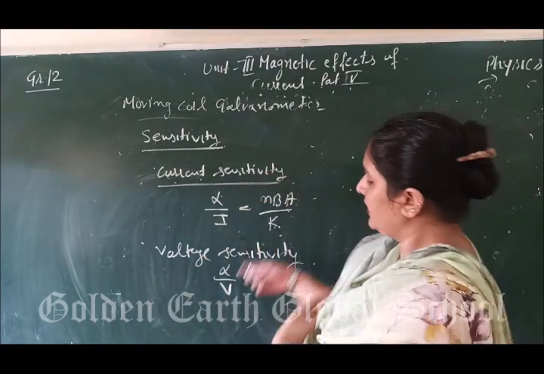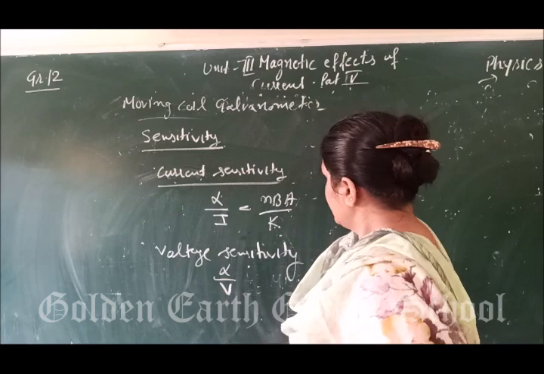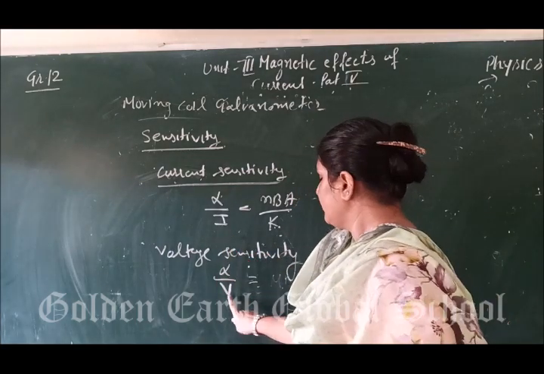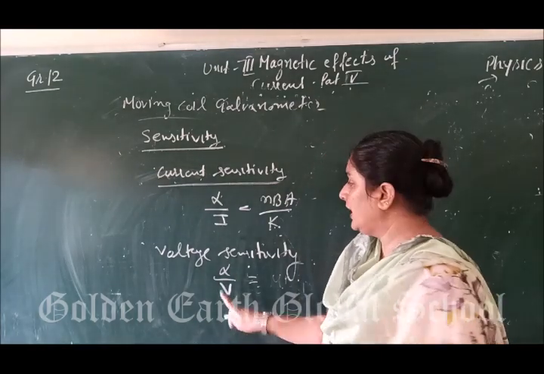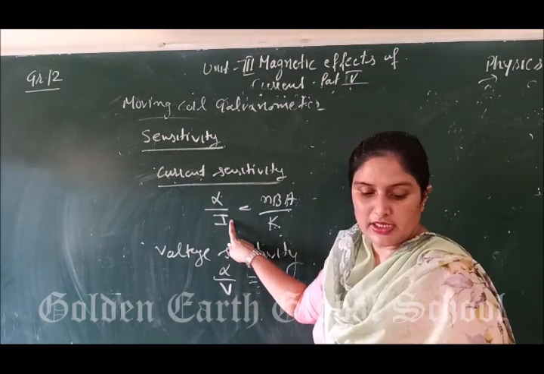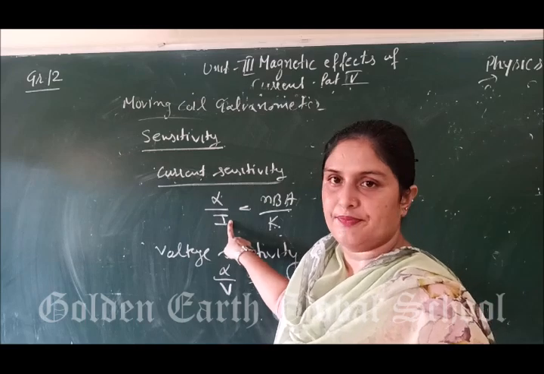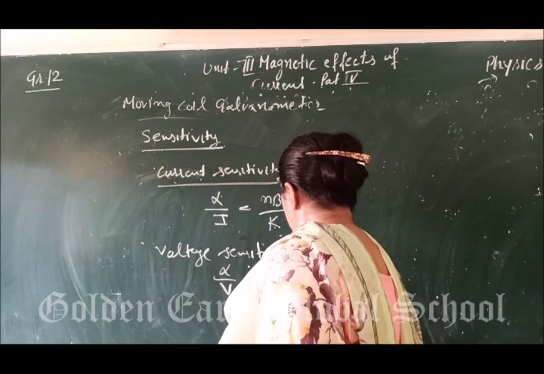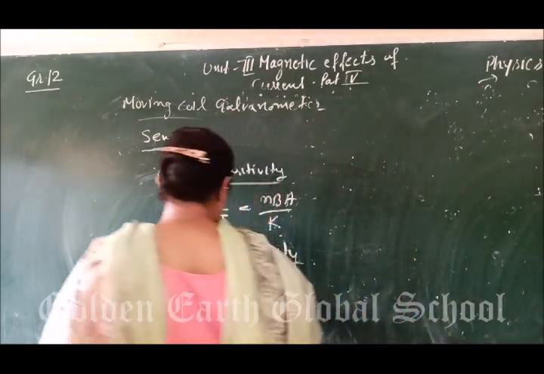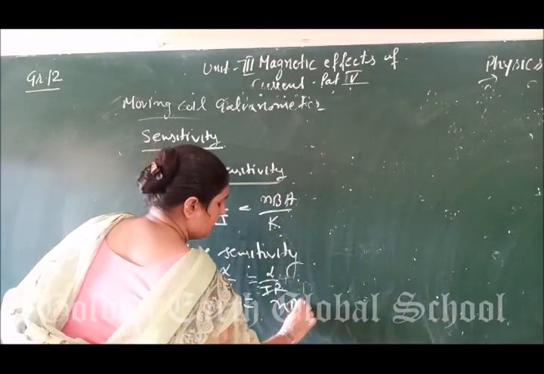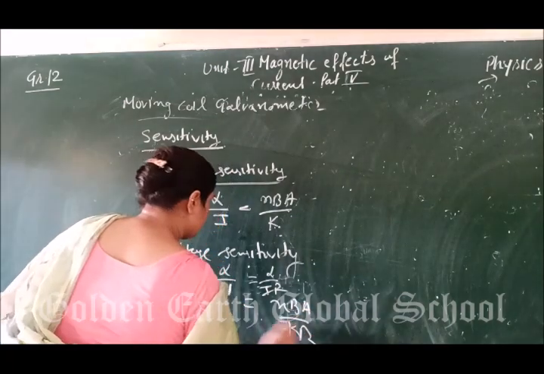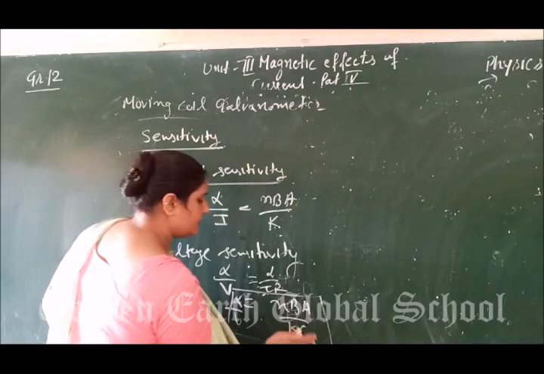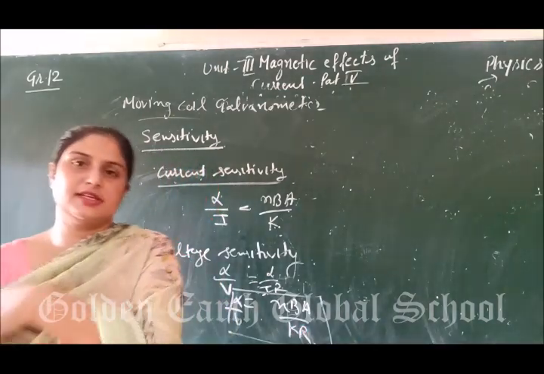Voltage sensitivity is given by alpha upon V. We have alpha upon I. Now I can write the value of V in terms of I. V can be written as I into R, V is equal to IR. So it can be written as alpha upon IR. So alpha upon I gives the value NBA upon KR. So this is the expression for the voltage sensitivity.